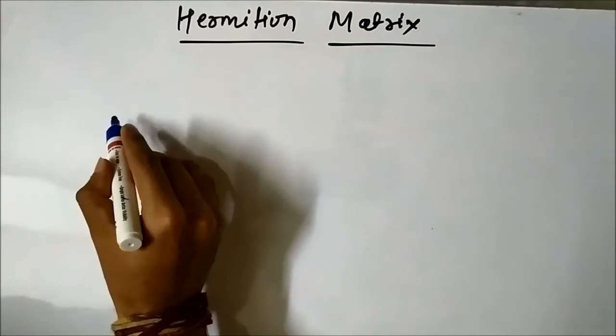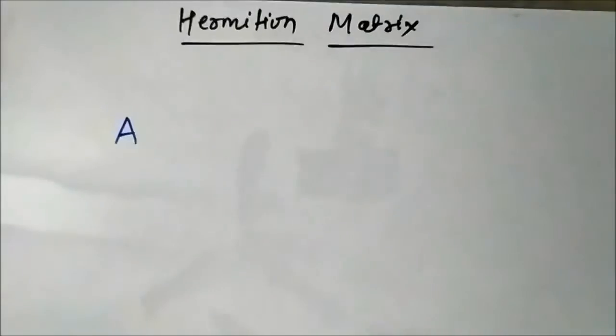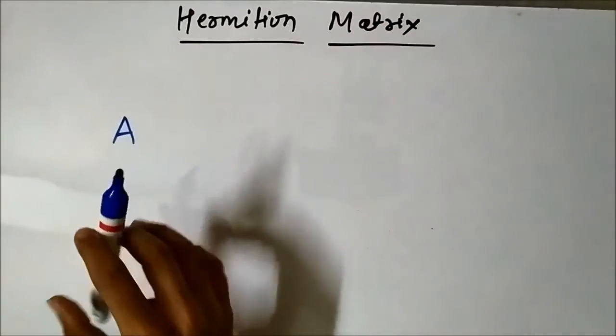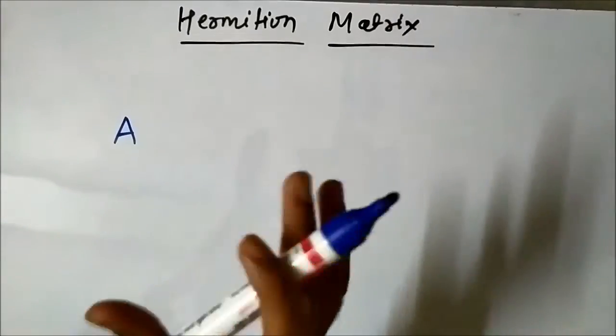Let us say we have a complex matrix A. A is a complex matrix, which means it has complex numbers as its elements, having both real and imaginary parts.